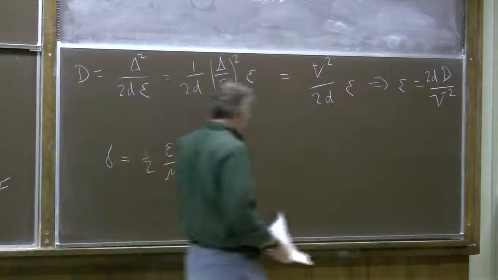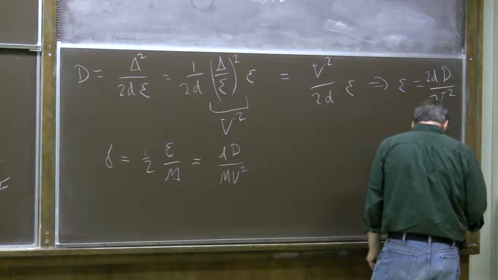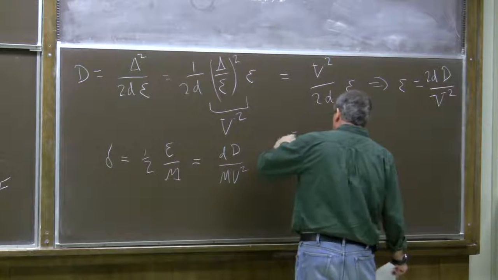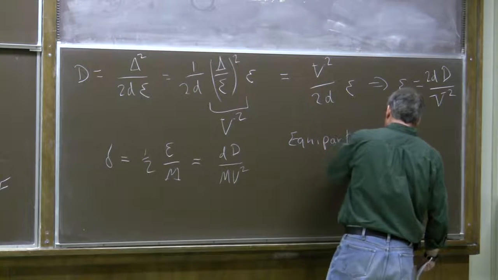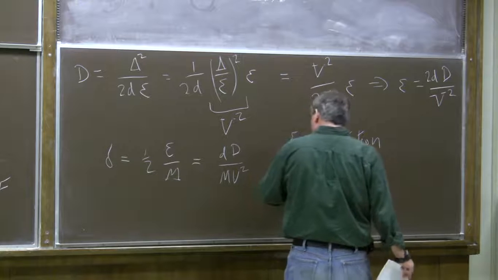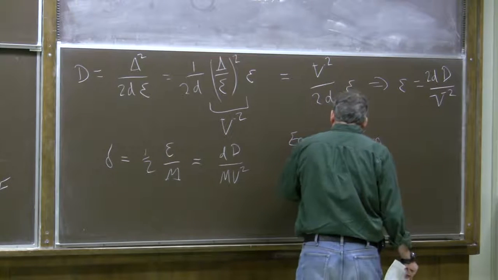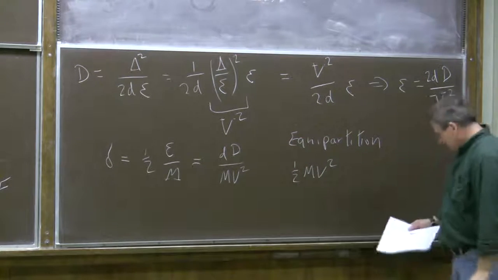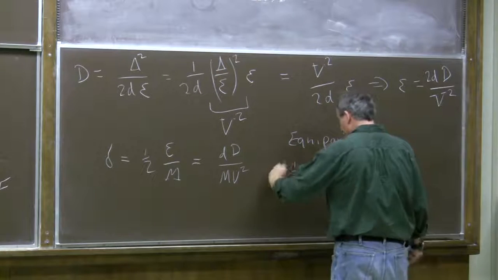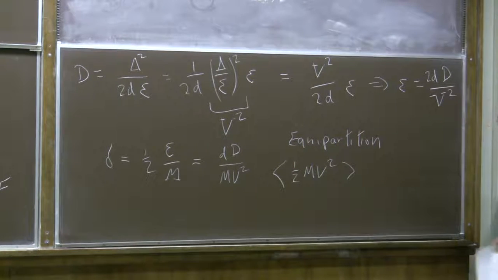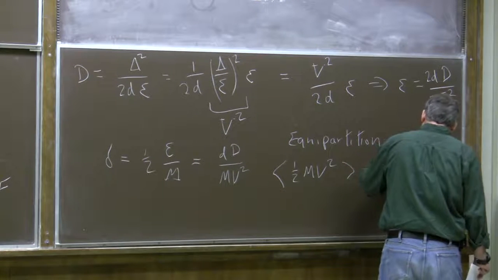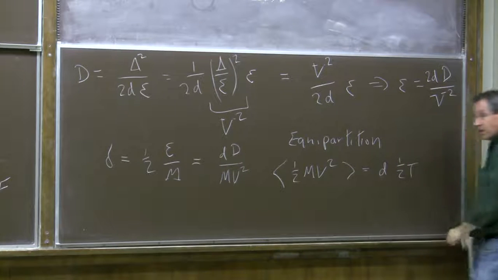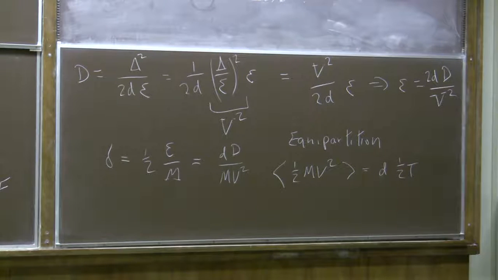So in thermal equilibrium, I can say that because of equal partition, the kinetic energy, 1/2 mv squared, mean value, for the drifting particle will, if we're in d spatial dimensions, there will be a 1/2 tau because of equal partition for each one of the components of its velocity in d dimensions.